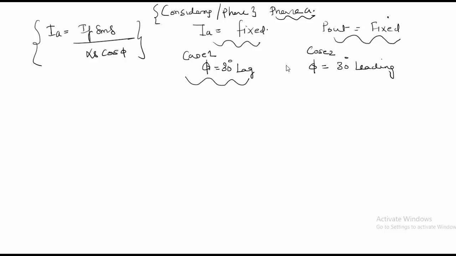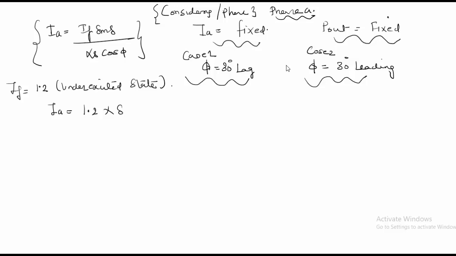Now if I am substituting the value of IA, based on my IF in the first case being equal to 1.2, which was the under excited state, then 1.2 into sine of delta, which I am going to consider here as 20 degree, divided by 0.2 into cos 30 degree.